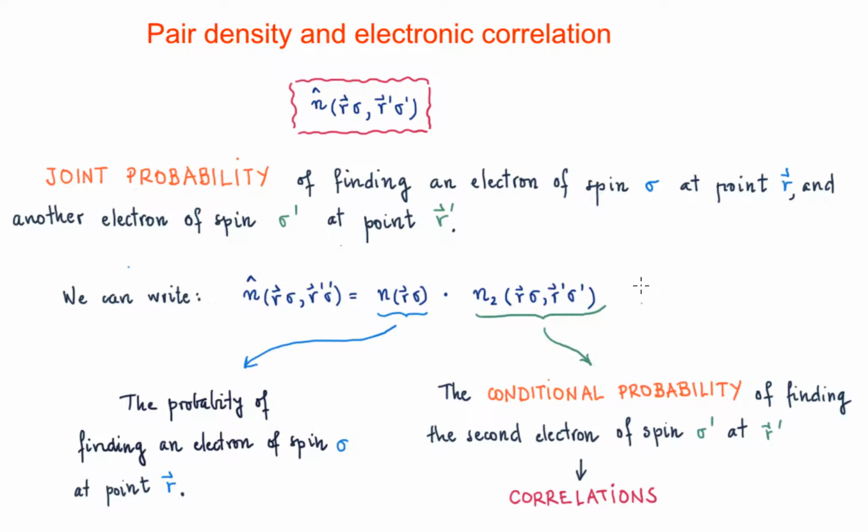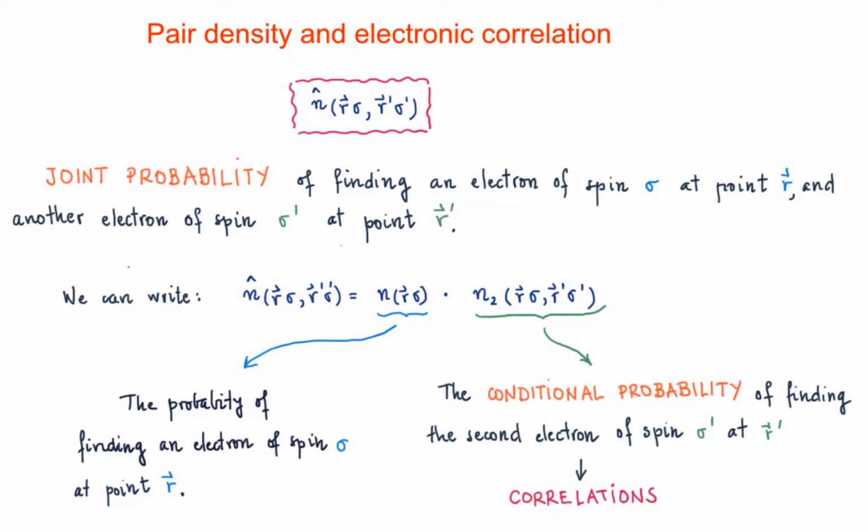And we are going to call that conditional probability N2. It's going to depend on R prime, sigma, and sigma prime. And of course, we don't know the expression of this N2. This is the function that will contain all the correlation between the electrons.